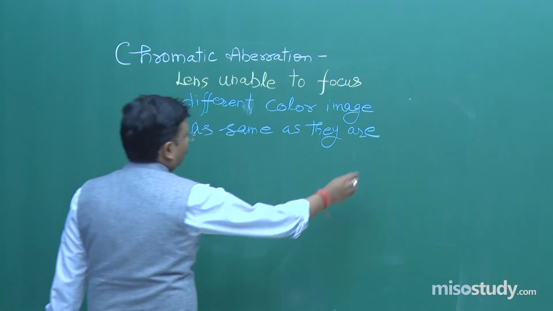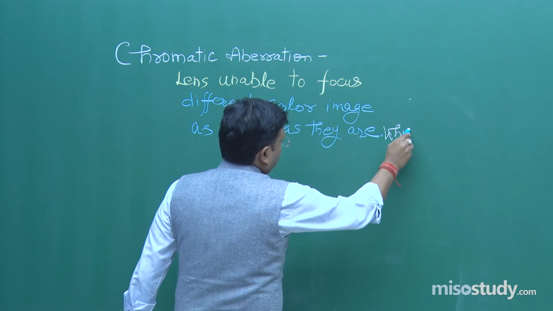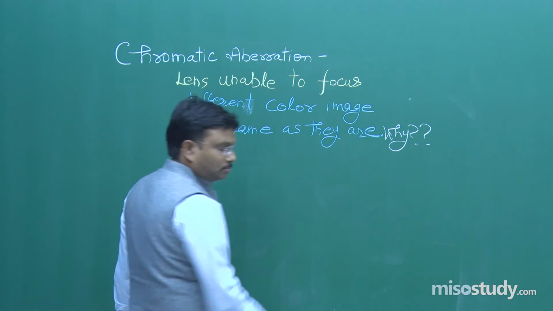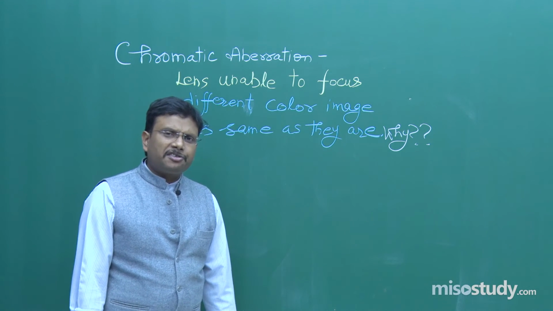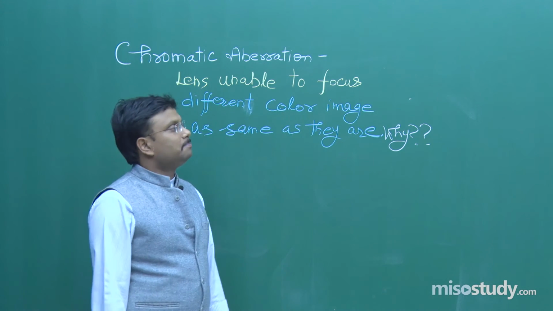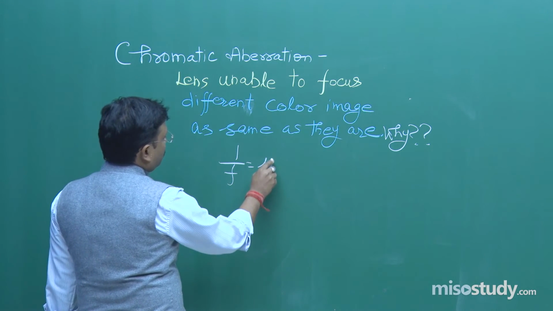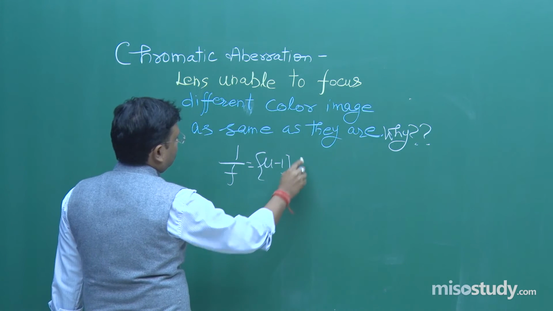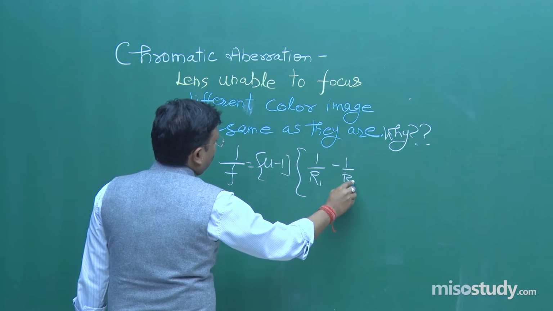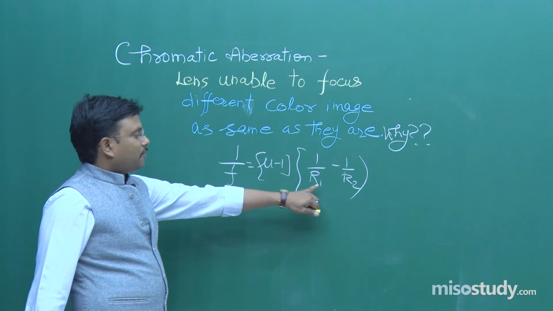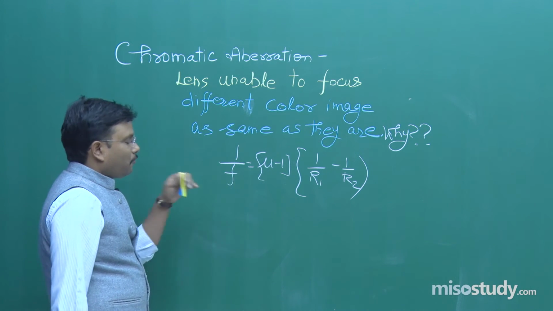Why so? During the discussion of the lens maker's formula, I mentioned 1 upon f is equal to mu minus 1 into (1 upon r1 minus 1 upon r2), where r1 and r2 are the radii of curvature of both sides of the concave or convex lens, mu the refractive index and f the focal length.